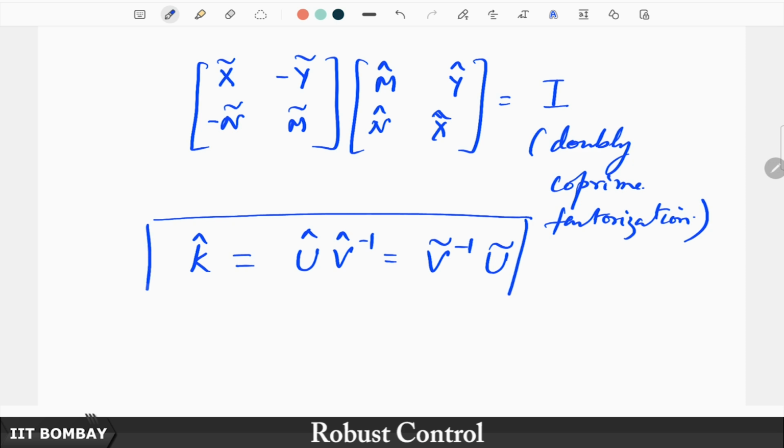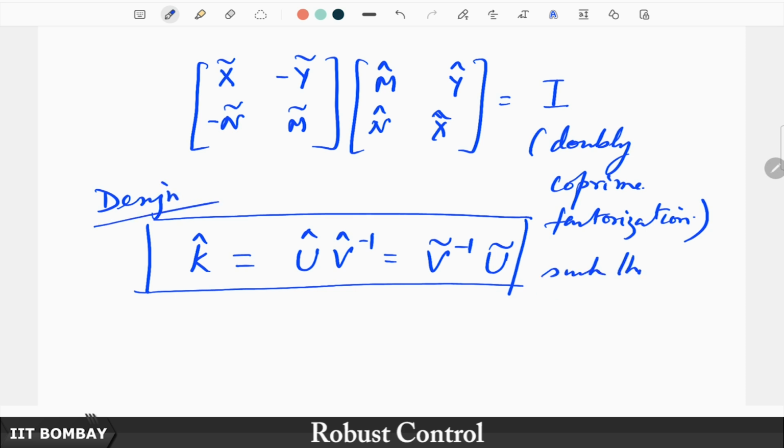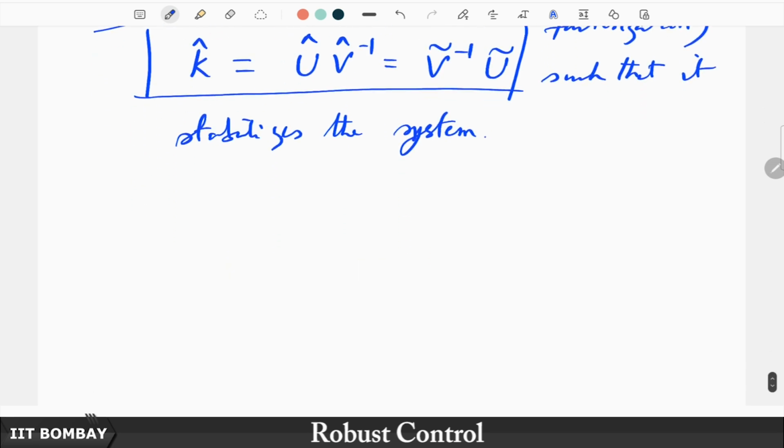We are looking to design this U hat V hat or U tilde V tilde. So, we want to design this such that it stabilizes the system. Okay. So, how do we go about this?